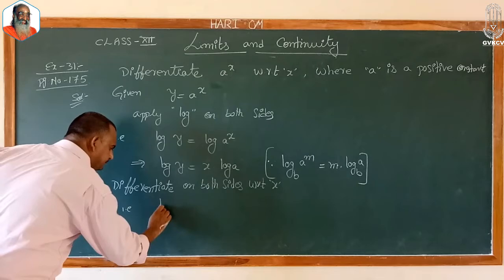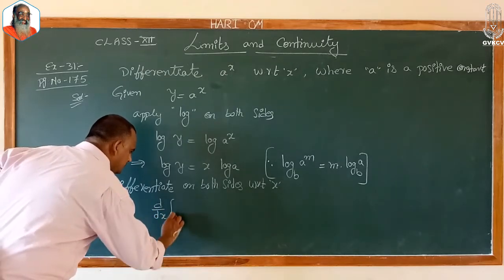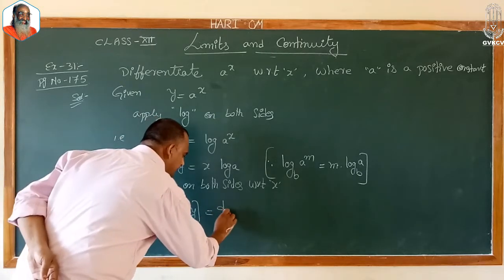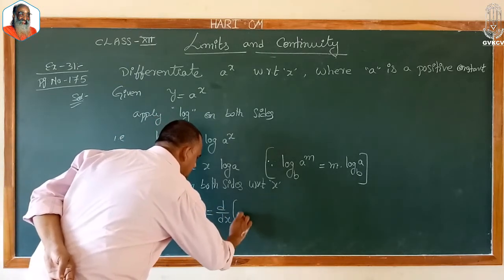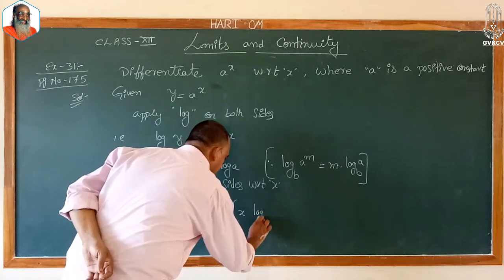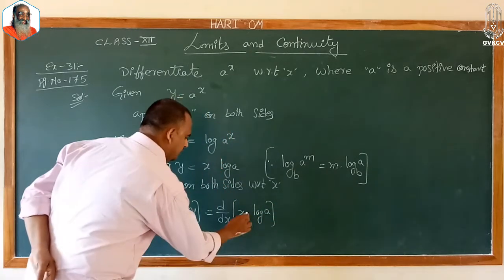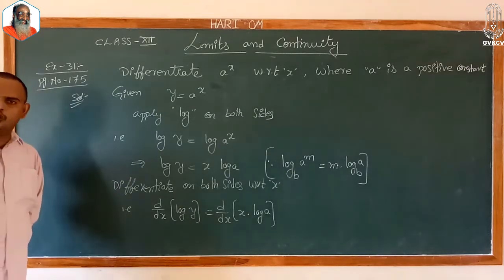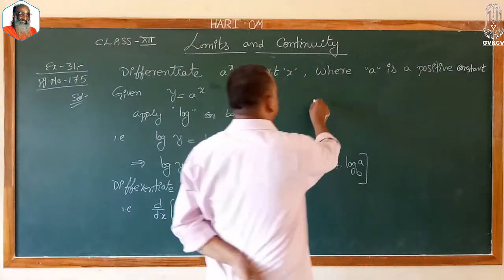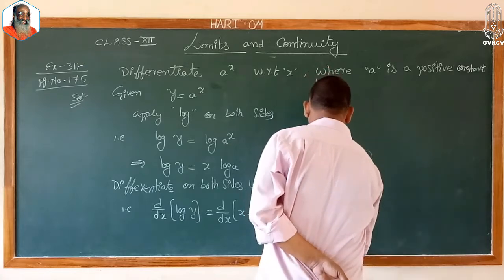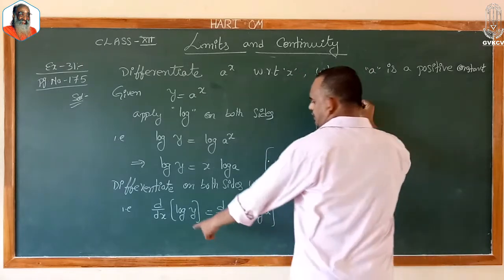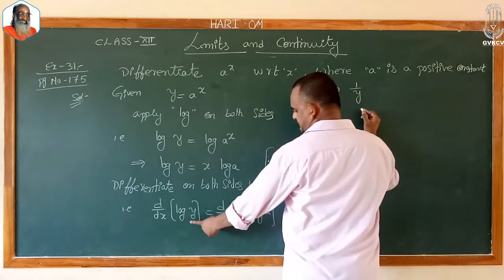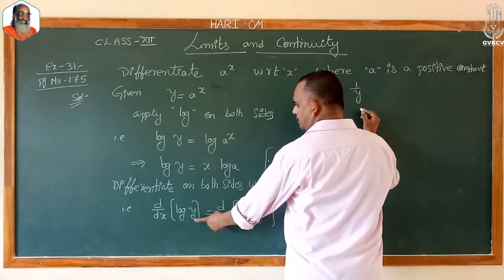That is, d by dx of log y is equal to d by dx of x into log a. The differentiation of log y is not 1 by y alone, because in place of x we have y.